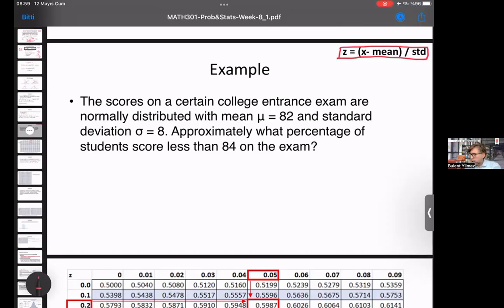I have a college entrance exam, scores are normally distributed with the mean 82 and standard deviation 8.